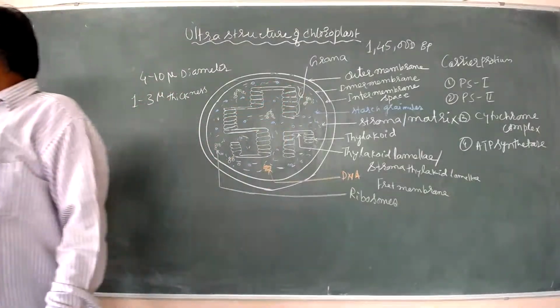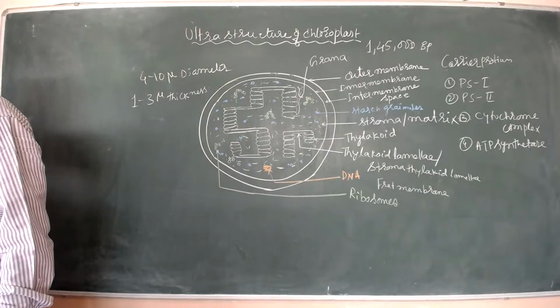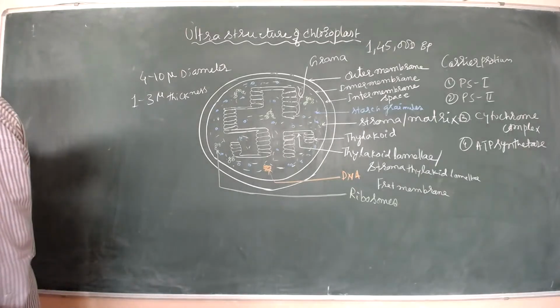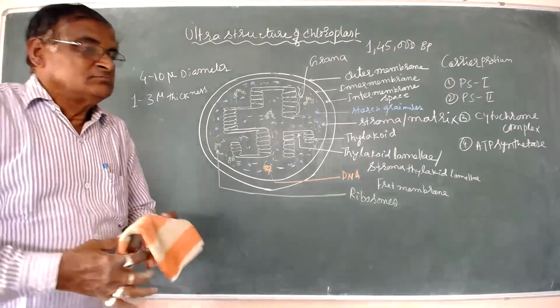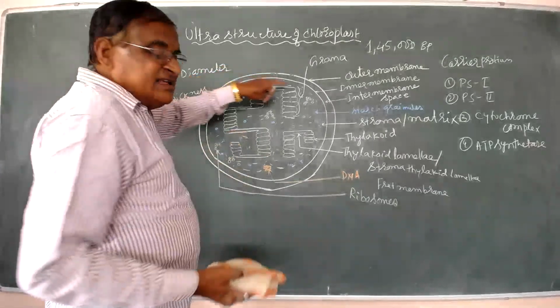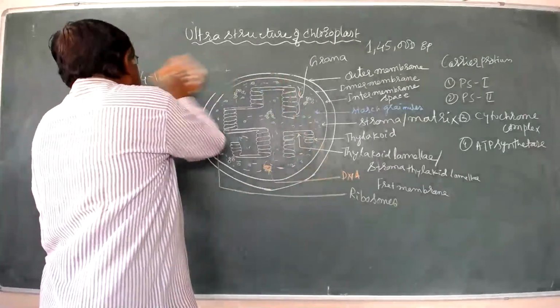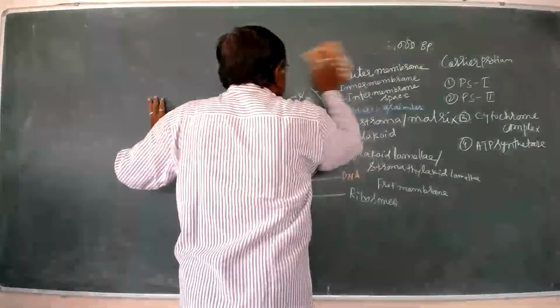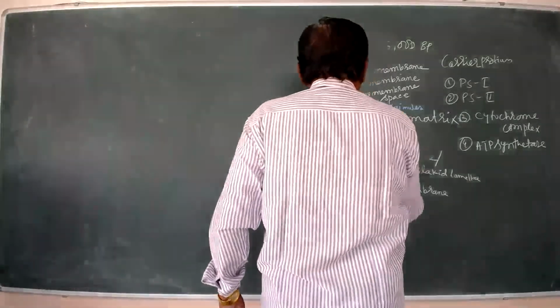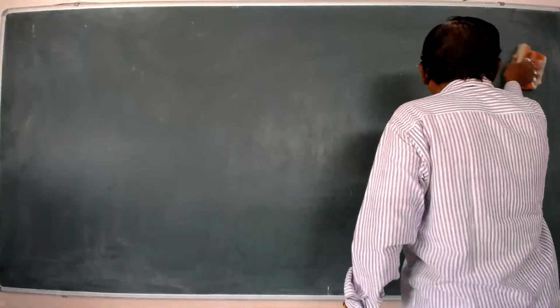Now coming to the photosynthetic pigments. It is very important, that is the ultrastructure of the chloroplast.